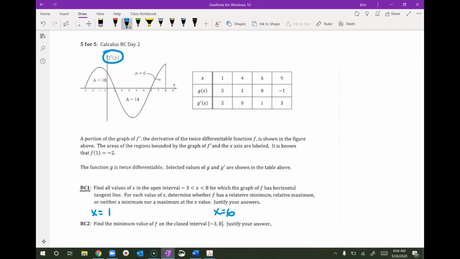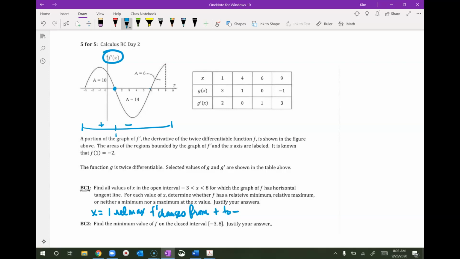So are those x values between -3 and 8 a relative min, max, or neither? So let's go to 1. F prime at 1 is changing from being above the graph to below the graph. So at x equals 1, we have a relative max, f prime changes, make ourselves more room here, from plus to minus.